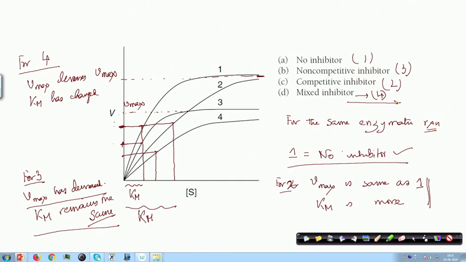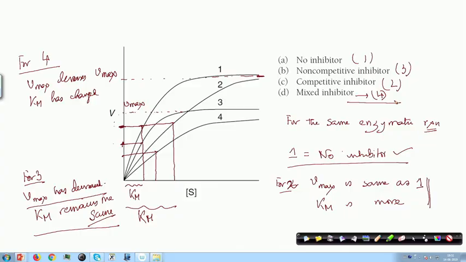Okay. So, these things if you practice more and more, you will be more comfortable with all these parameters and how to calculate them. If you enter into any enzymology lab, then this mechanistic enzymology needs to know whether an inhibitor is a competitive inhibitor or non-competitive or this mixed.